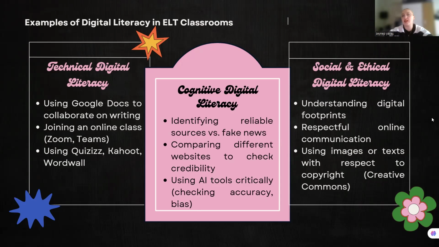And the second one is cognitive digital literacy. In cognitive digital literacy, students identify reliable sources, compare different websites to check credibility, and use AI tools critically, not believing everything from AI, checking accuracy.